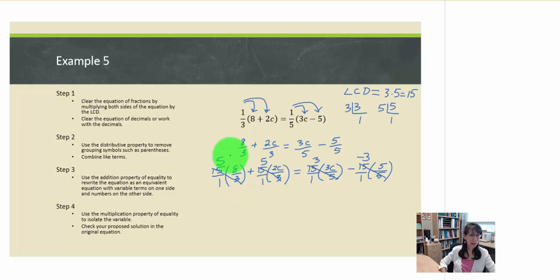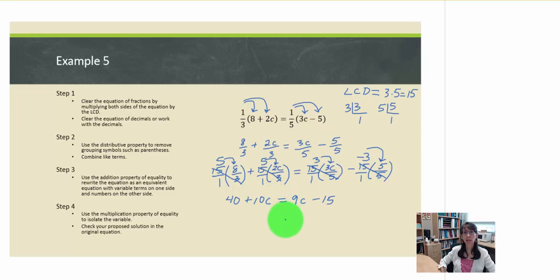So what we have remaining is 5 times 8, which is 40. Positive 5 times 2c is positive 10c on the left. On the right, 3 times 3c would be 9c, and negative 3 times 15 gives us negative 15.